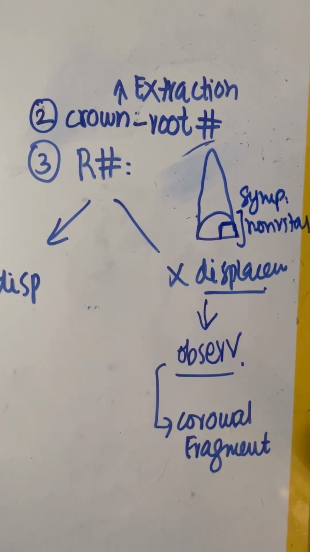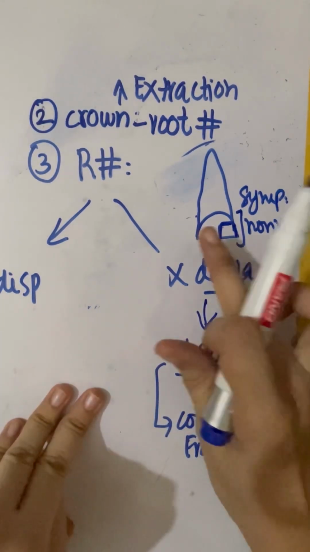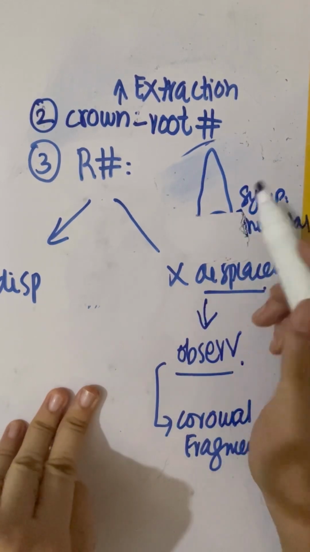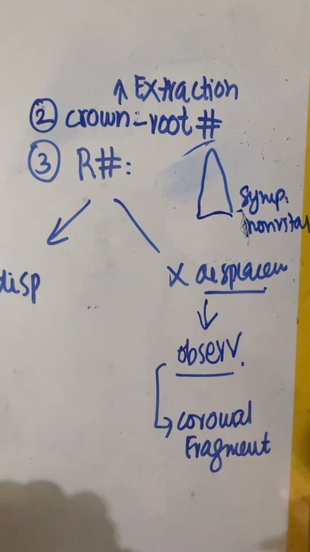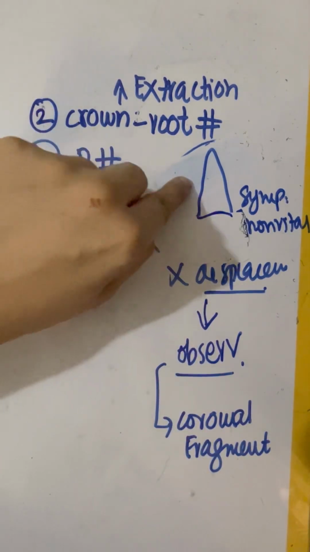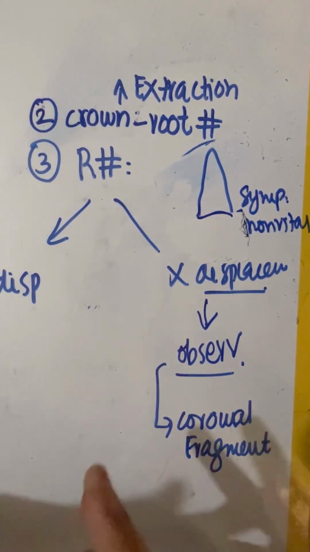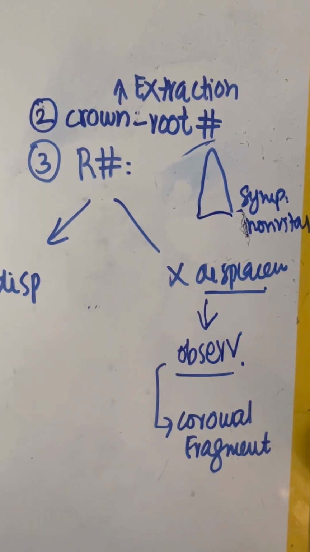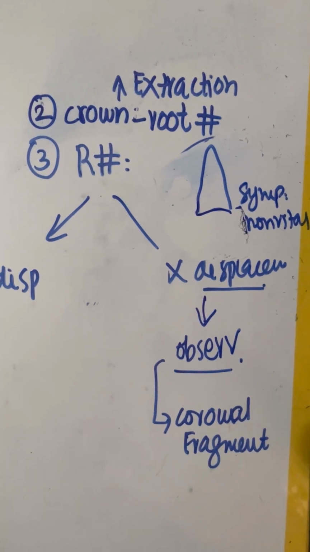What will you do? You will just remove the coronal segment, because it was non-vital and symptomatic. You will leave the apical portion because it will resorb by itself. Primary teeth have to resorb and exfoliate normally, so if you leave the root portion, it will resorb on its own.